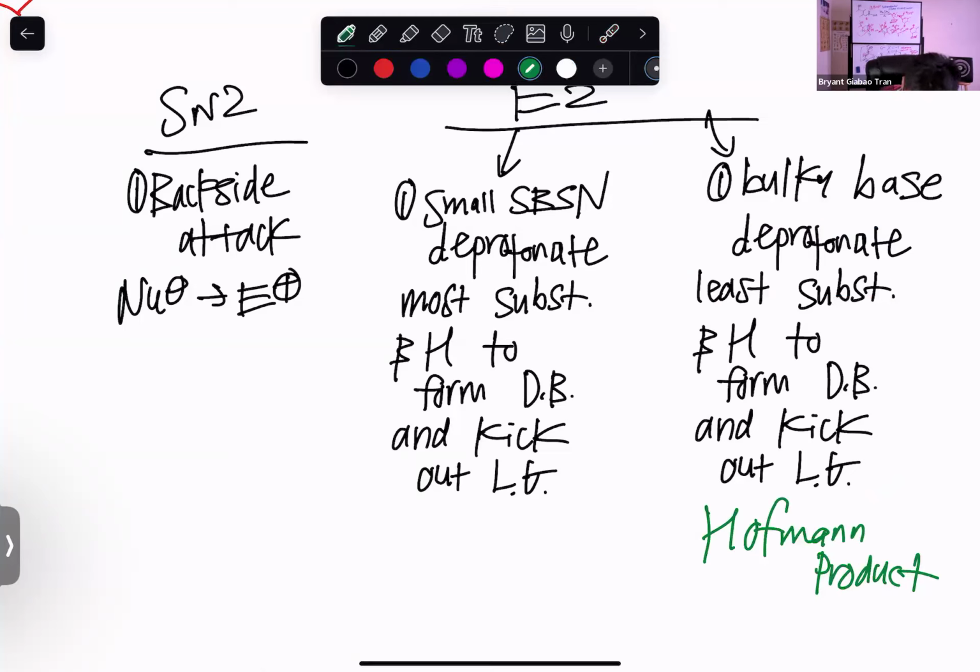The small one will give you the Zaitsev product. SN2, there's going to be inversion.